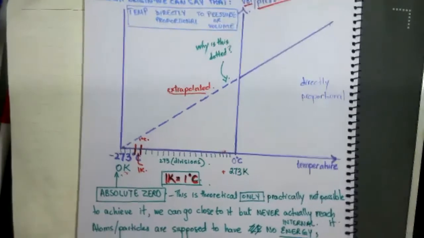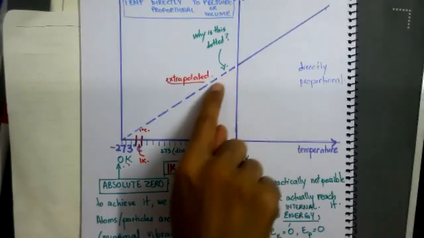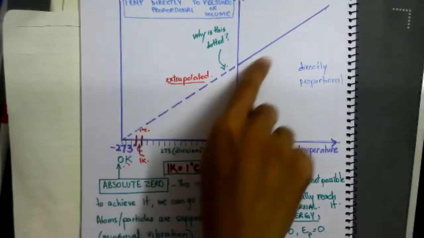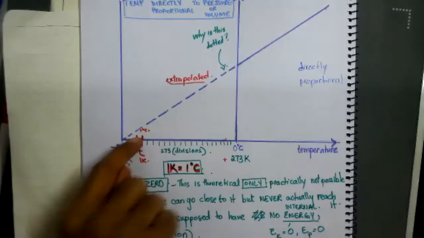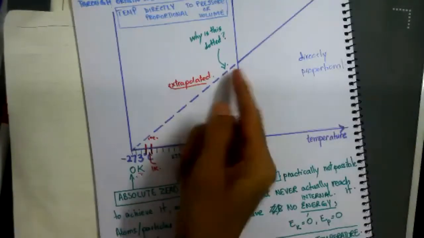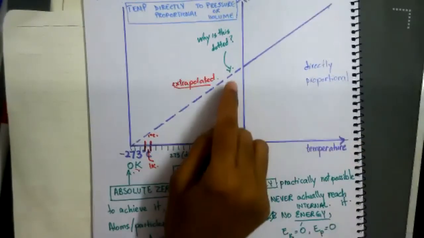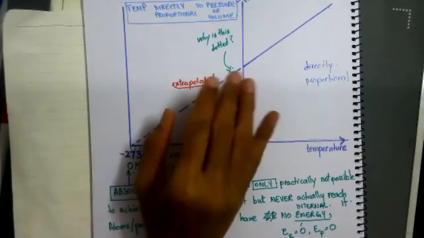Okay, so now let's talk about absolute zero a little bit. Why did I make this graph dotted? Why didn't I make it continuous? Dotted means these values are not obtained by any experiments. Here, we got these values from experiments.